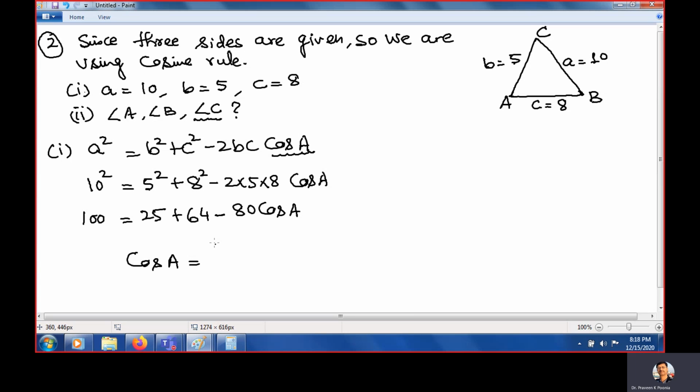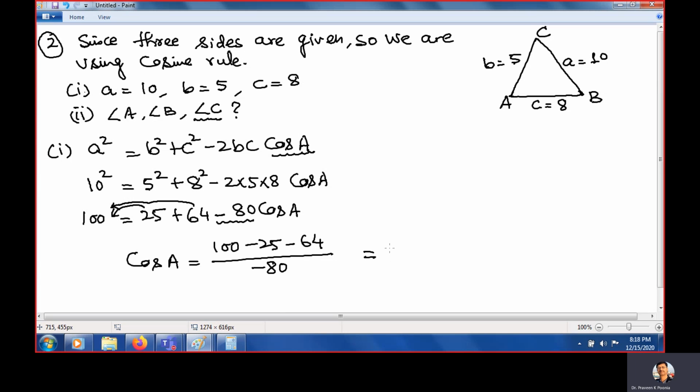If you want to find it, it is 100 minus 25 minus 64 upon minus 80. This is how we are evaluating, because we shift this value to the left side, and then divide by minus 80.